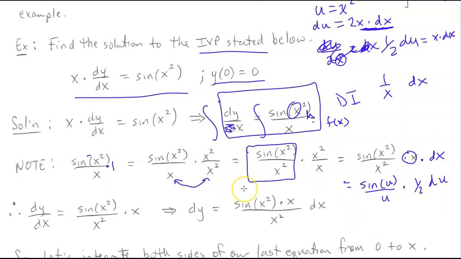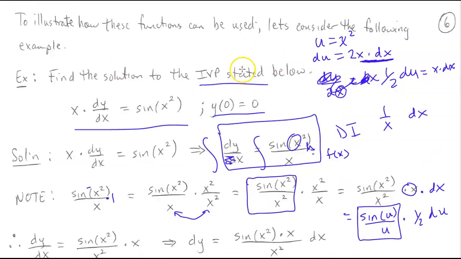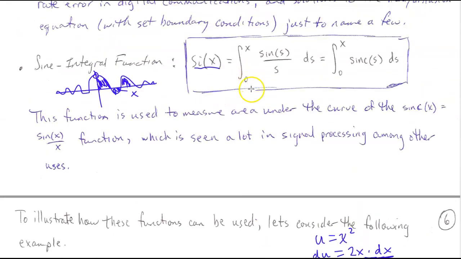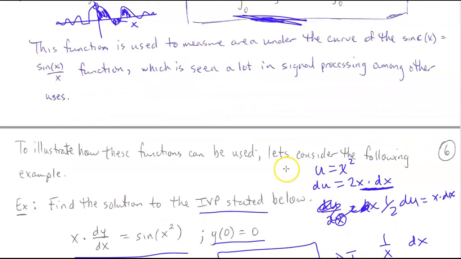Now, that's going to be our basic approach, but instead of just having the indefinite integrals here, in this case, since we know that trying to take the antiderivative of this part is going to be an issue, we're going to use definite integrals. And what we're hoping here is that we're going to have some resemblance of this type of function that pops up in our process of solving this differential equation.